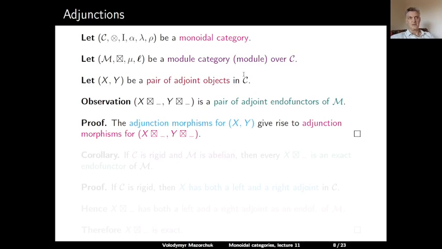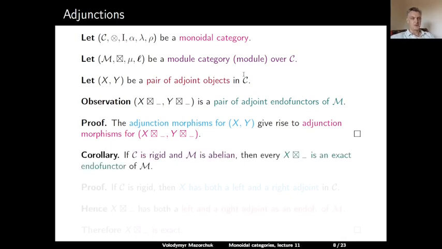And now these lift to a unit and counit of adjunctions for x box times something and y box times something, and these also satisfy the same adjunction axioms. And this implies that this pair is indeed a pair of adjoint endofunctors of M.